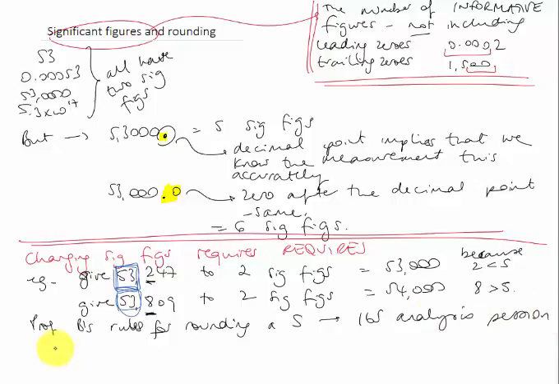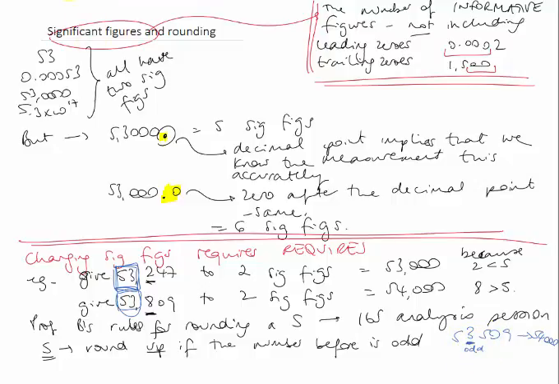So for 5, you round up if the number before is odd. So for example, 53,509 gives you 54,000 because this 3 is odd.